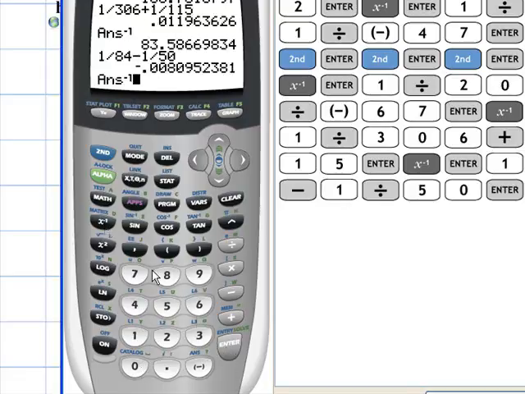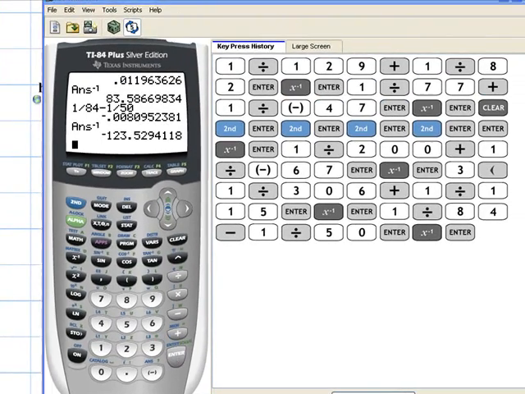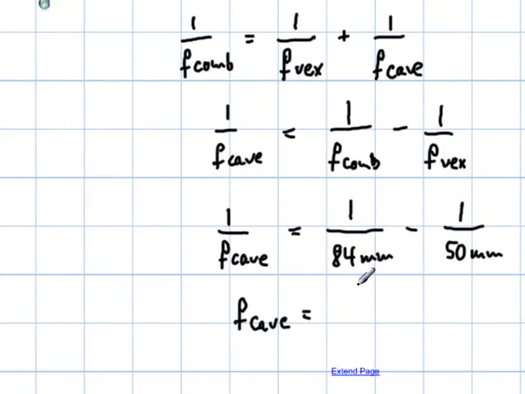Invert that, comes out to 124 millimeters, and the negative, I think you saw that negative, minus 124 millimeters.